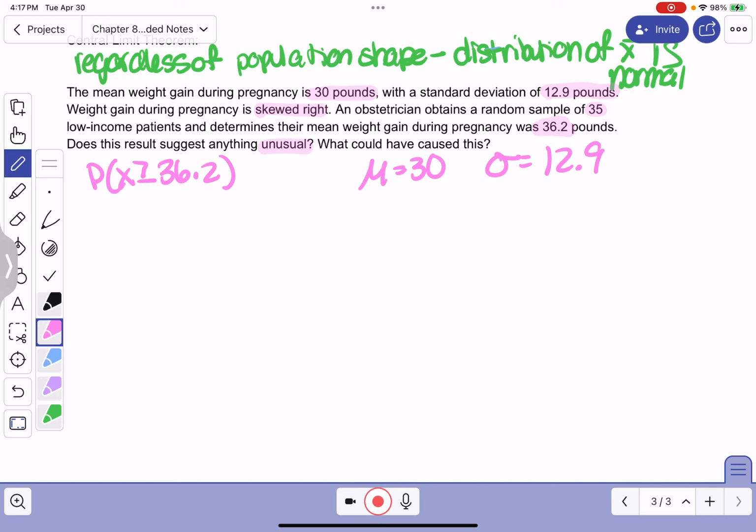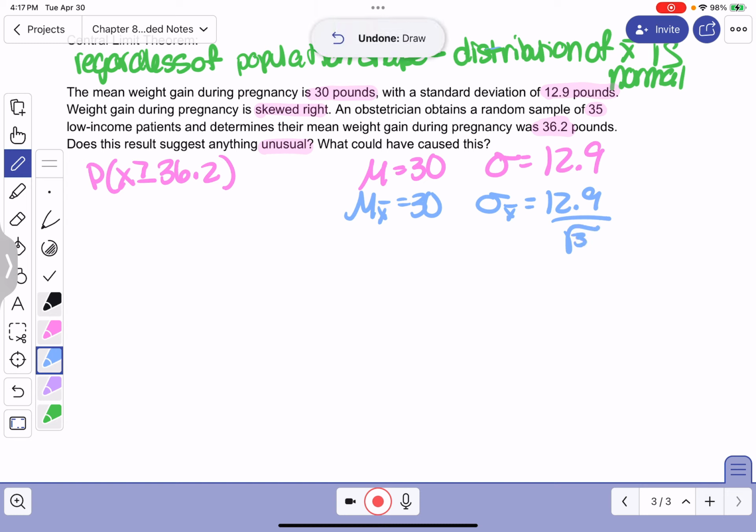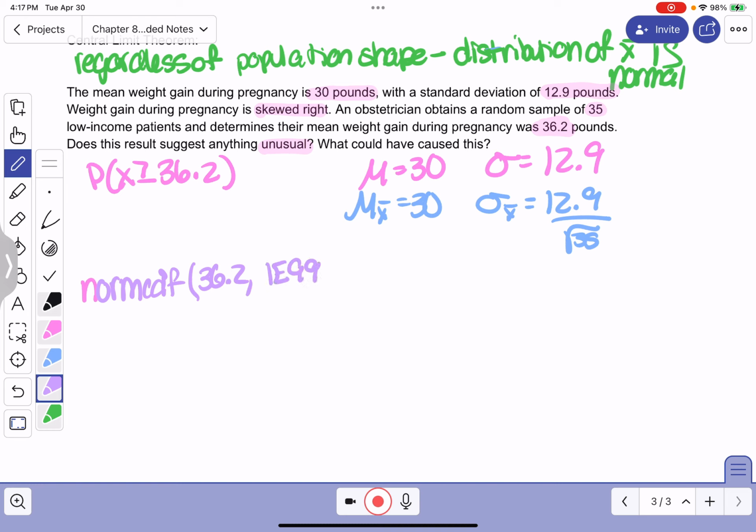So our sample mean stays the same. Deviation, we now do the standard error of the mean and divide by the square root of n. Now we can do our norm CDF. Not sure why the colors change, but it is what it is. So our lower is 36.2. Our upper is 1E99.